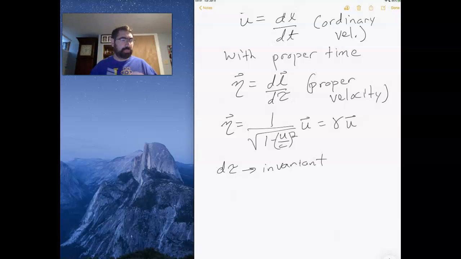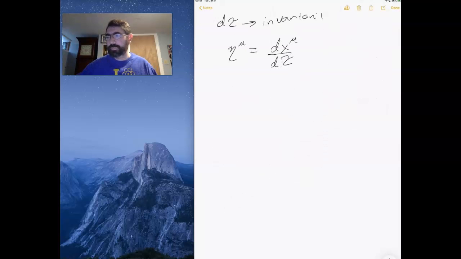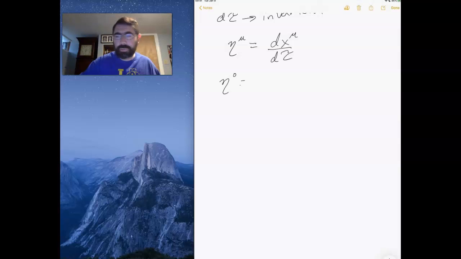So if we want to write this now in 4-vector notation, which I think we should start doing from now on, eta mu is dx mu over d tau. Now if we're in 4-vector, we're going to get the x component, the y component, the z component, but we're also going to get the ct component of our velocity. So why don't we look at that 0th component? Eta 0 is dx0 over d tau, which is c dt over d tau.